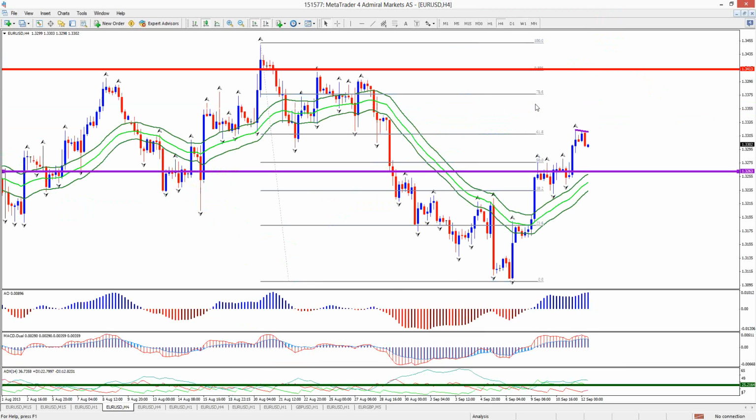Also, one thing I should add, if we do move up, we can definitely look for shorts again, of course, at the 786, because then the 786 could be the turning spot. So there could be a long up to the 786 and then a short from the 786. So now you have the entire trade plan here for the euro dollar basically.